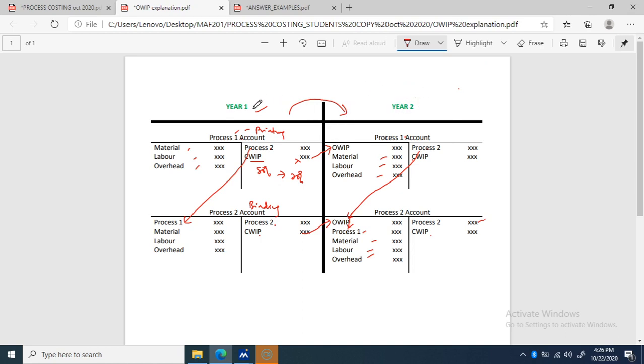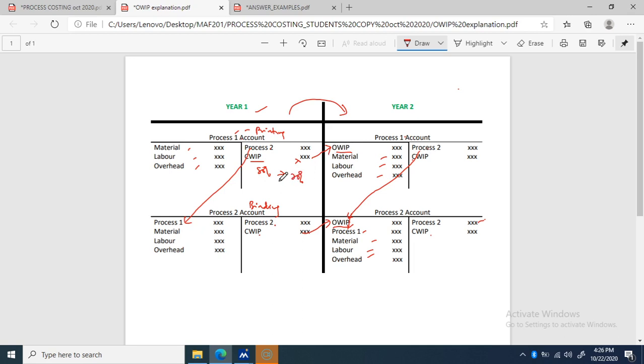Previously we prepared year 1, the first year of operation, but now in year 2 we have the previous year's operation where we have opening work in progress. So how should we treat this opening work in progress, since there is partly cost from the last period and partly cost from the current period?